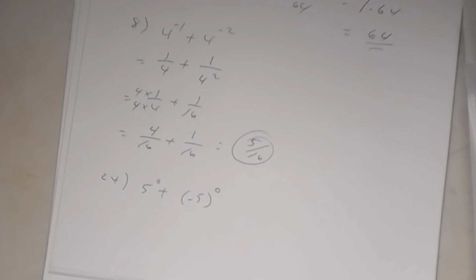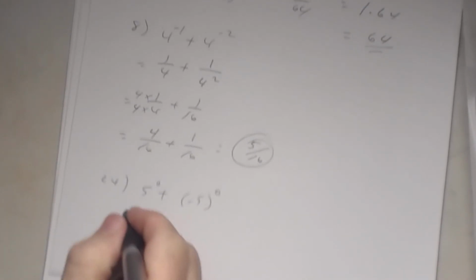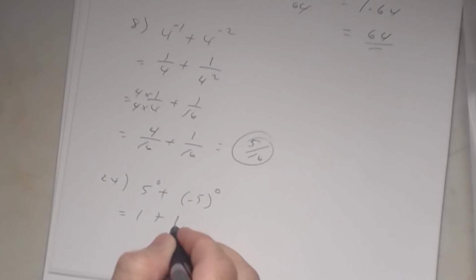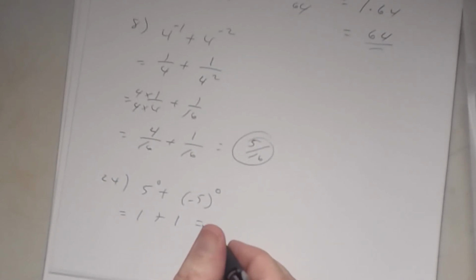So what's 5 to the 0? 1. What's negative 5 to the 0? So what's the answer? Oh, now negative 1, negative, anything raised to 0 power is what? 1. And what's 1 plus 1? 2. So the answer is 2.